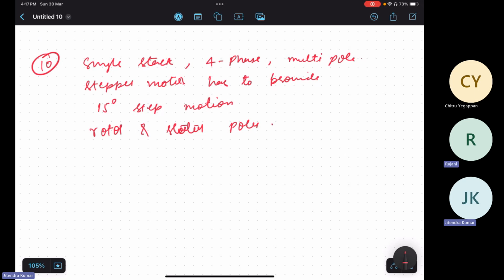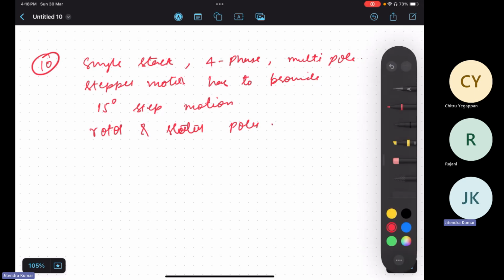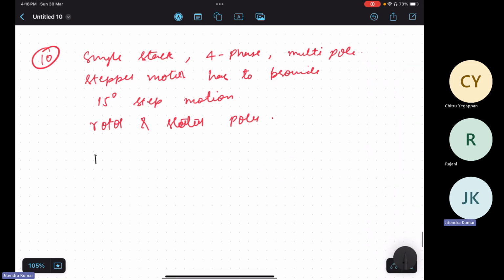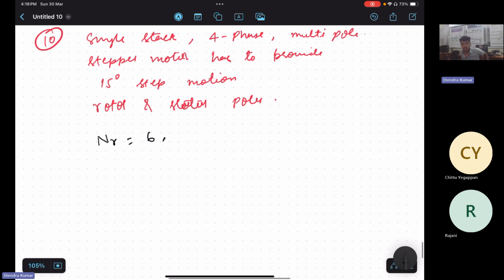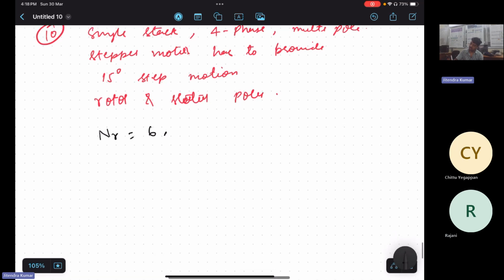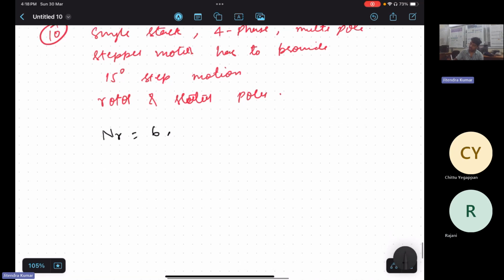Sir, rotor pole 6. Rotor pole 6, exactly. You also let me know the expression of rotor poles. Sir, step angle beta equal to 360 by m into n, sir. Same formula. Step angle is equal to 360 divided by m into NR, number of rotor poles.